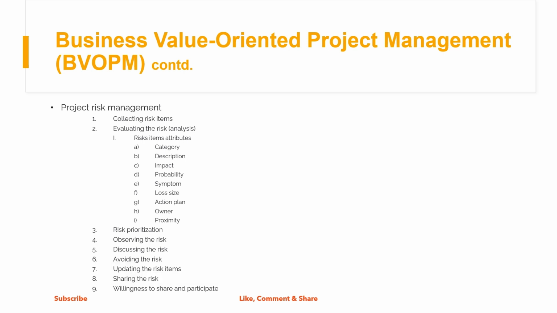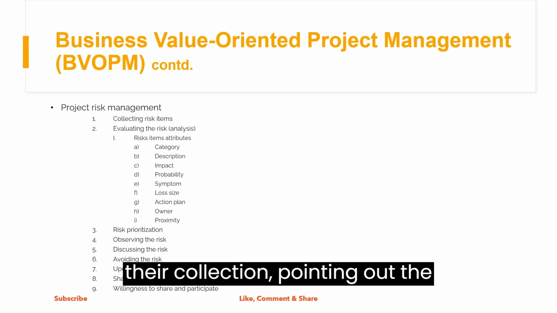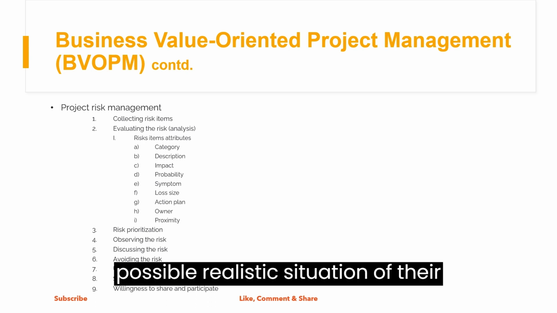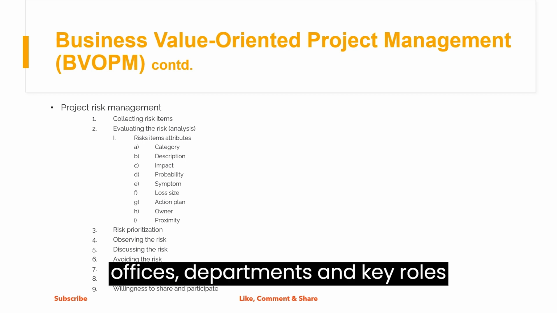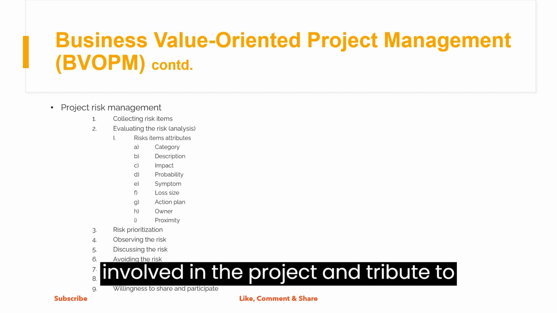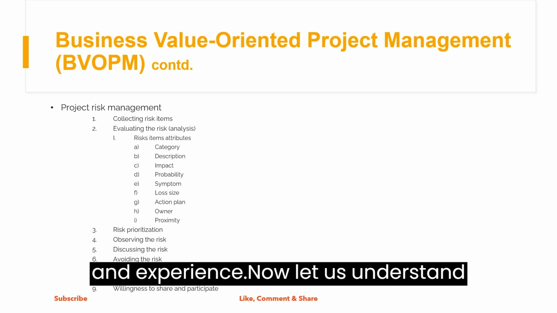Extensive knowledge about risk items is required in the process of their collection. Pointing out the possible realistic situation of their occurrence is also needed. All offices, departments, and key roles involved in the project contribute to the risk collection through their knowledge and experience.